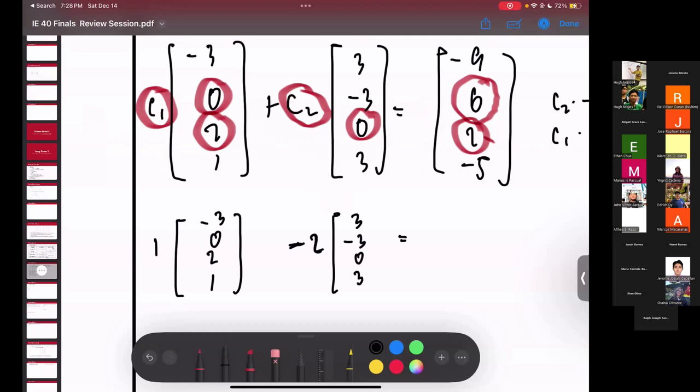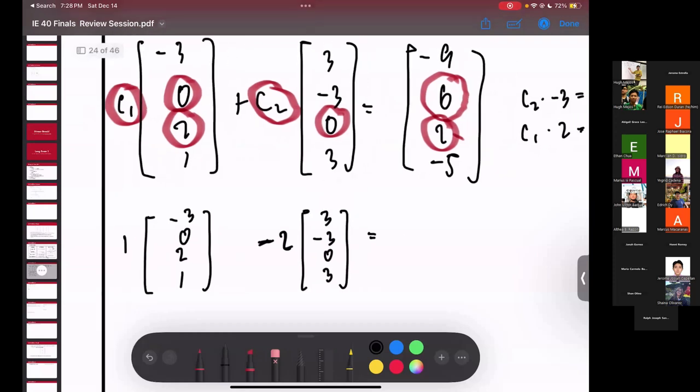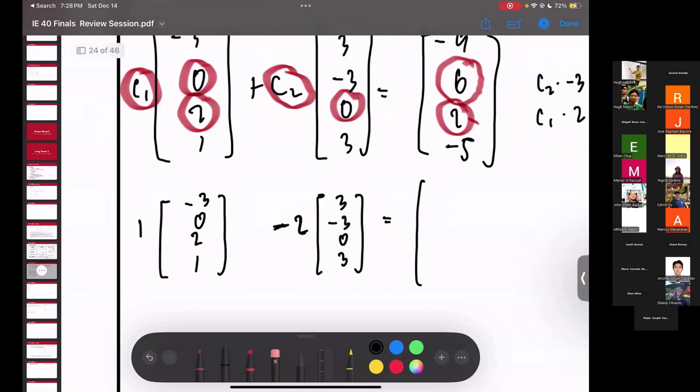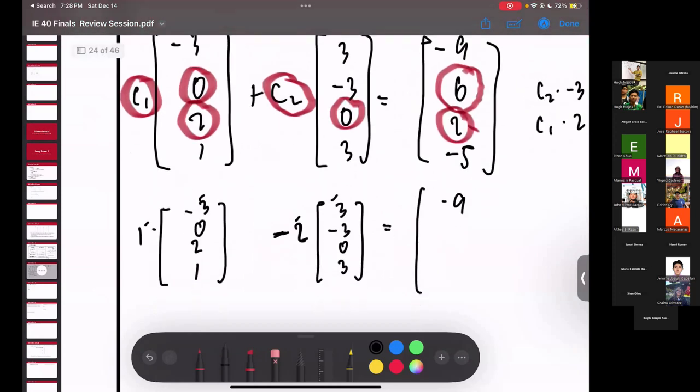So this is just like, honestly, I think most of this item is really like educated guesses lang until you get it right. So anyway, adding both the vectors together. So 1 times negative 3, negative 3, 2, 3, negative 6. So combining negative 9. So good so far. 0, as we discussed, and this is 2 times negative 3.